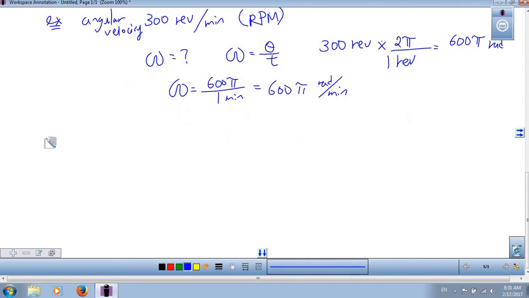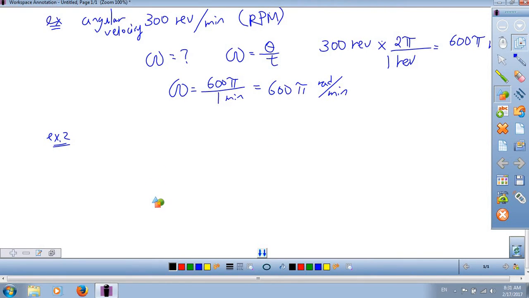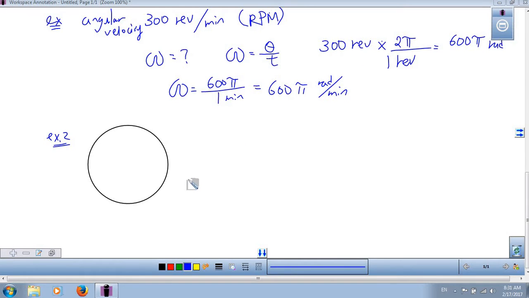Now let's look at another example. Let's say we have a bicycle wheel. I'm sure you're all familiar with how a bicycle moves.